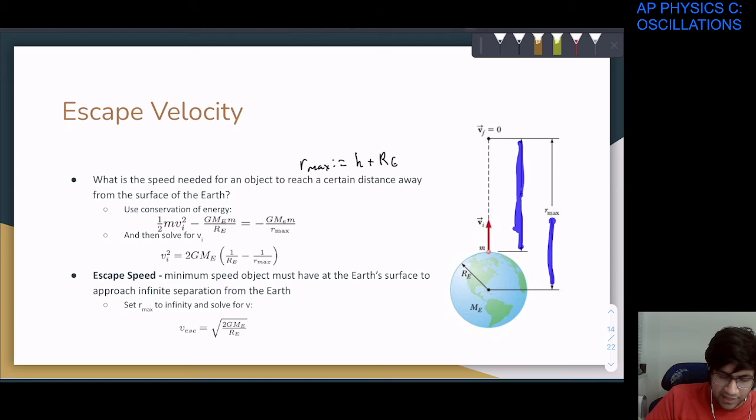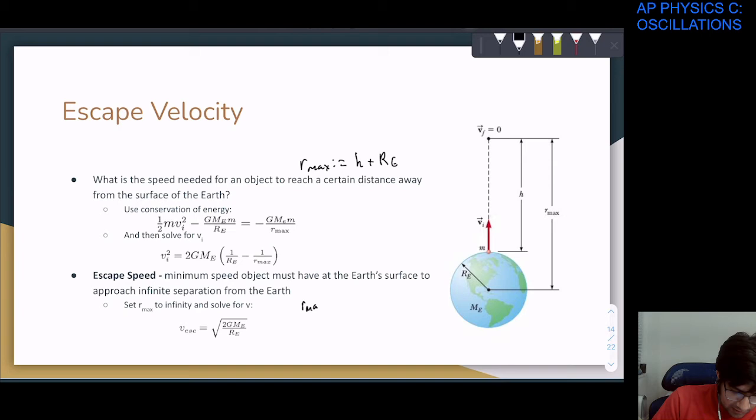So your R max is equal to R sub e plus infinity. So your R max itself is also infinity, right? You're infinitely away from the Earth. So if your R max is infinity, this term here is 1 divided by a really, really big number, which is basically 0. So we get rid of this term over here in the infinite case.